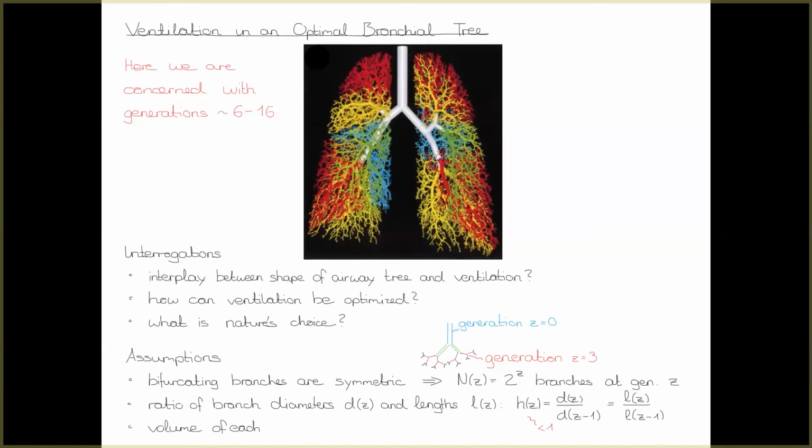And then, of course, the volume of each branch. We assume each branch is a cylinder. It's not exactly true either, but we are making this assumption. The cylinder has a volume which is pi times the length of the cylinder times the diameter squared over 4. I think that's clear. Good. Then we assume this symmetric binary bifurcating tree, let's draw it here.